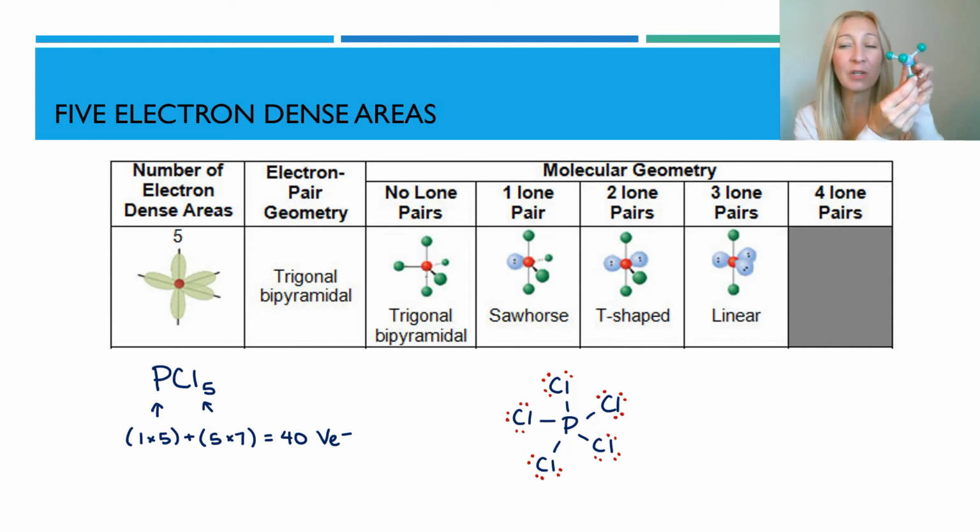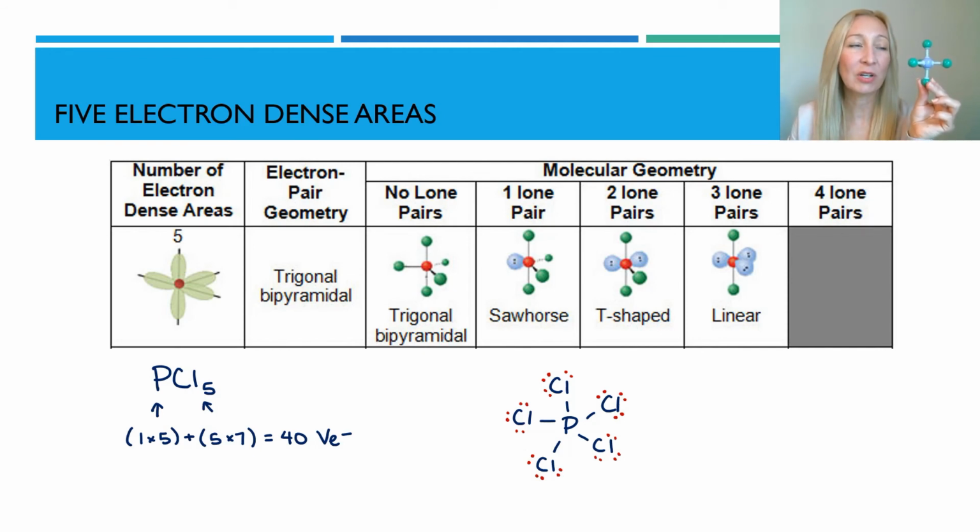The trigonal part you can see if I hold a molecule like that, and that's the trigonal portion of the name. The bipyramidal portion comes from the sense that we have two pyramids, a top pyramid and a bottom pyramid.